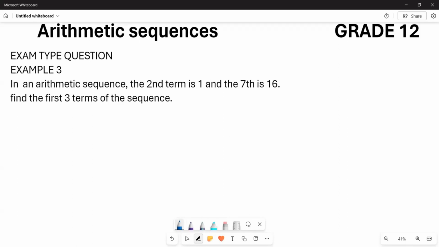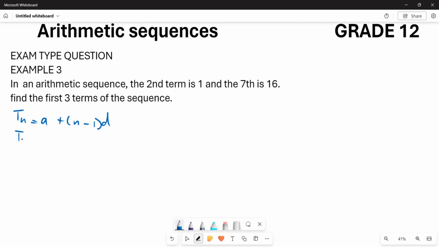You are going to say, look, we know that when you want to express this, your arithmetic sequence is given by Tn = a + (n - 1)d.